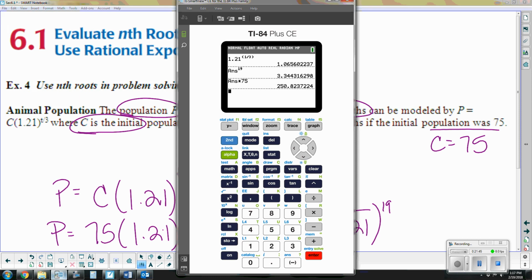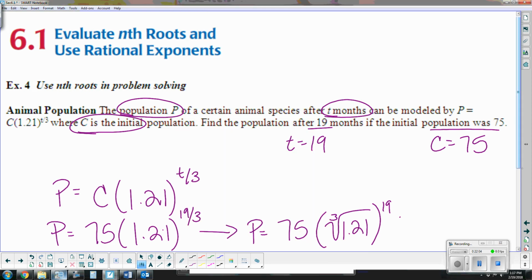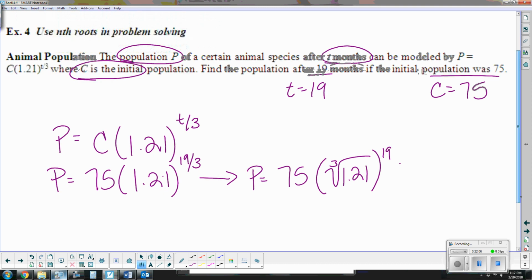Now the question is, what's the population of a certain animal species? So you can't have 250.8 animals. So in this case, you would round up. If it was 250.1, you would still round up. If it's asking you something like the minimum animals.